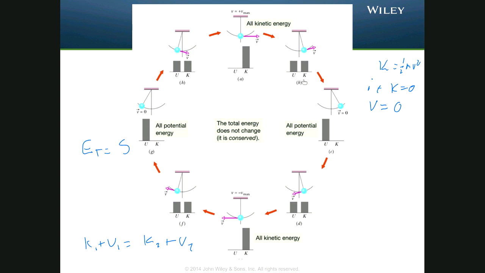Okay. But then we note direction not by an individual state, but by whether we can tell which direction we're going. If we're increasing in height, we'd expect to increase our potential energy, right, which happens up here.